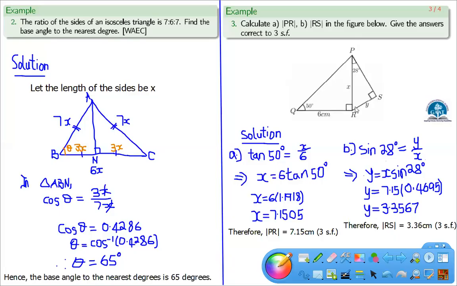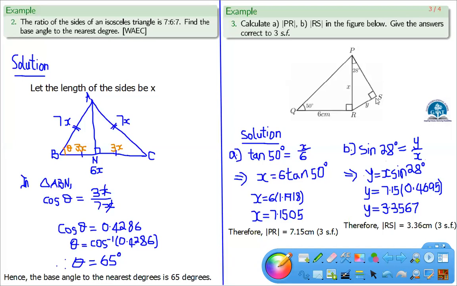When you look at triangle PRS carefully, you will discover that side PR is the hypotenuse, the longest side of the triangle, while side RS is the opposite, the side facing the given angle, and finally side PS is the adjacent.